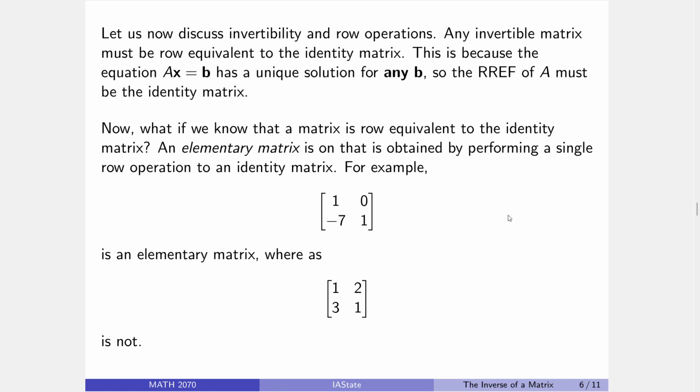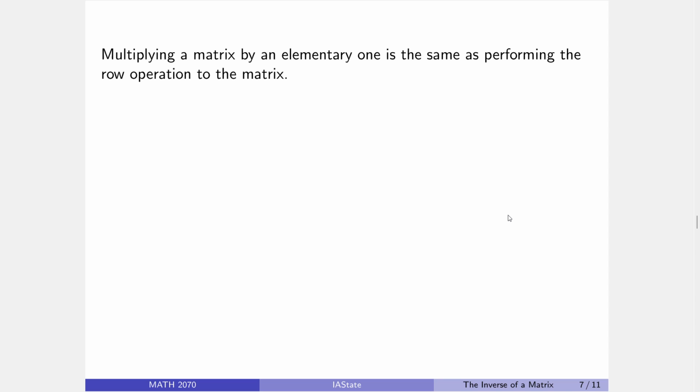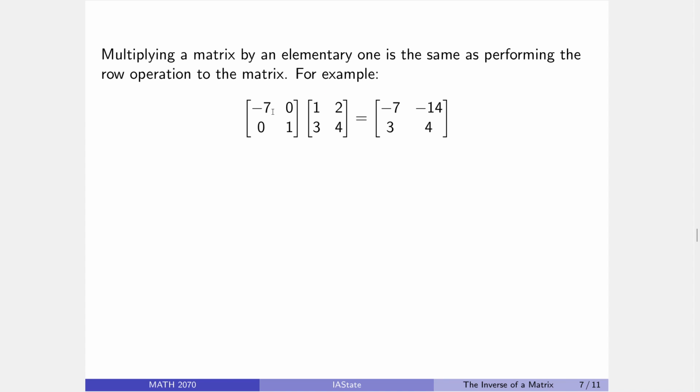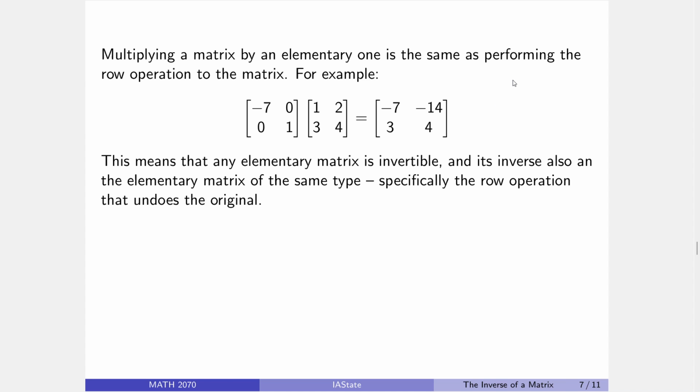Now, the real power of these elementary matrices is that multiplying by one of them is the same thing as performing the row operation. For example, here I see the elementary matrix found by scaling row 1 by -7, and if I multiply this matrix by it, we see that, oh hey, it scales row 1 by -7. So that means row operations are really just matrix multiplications in disguise.